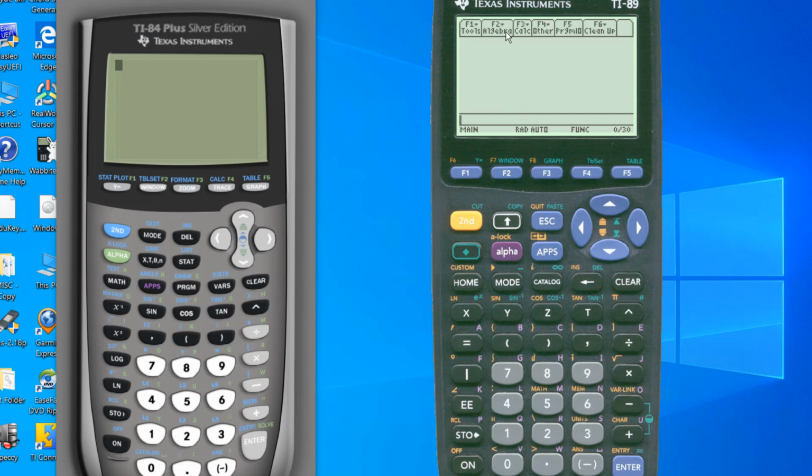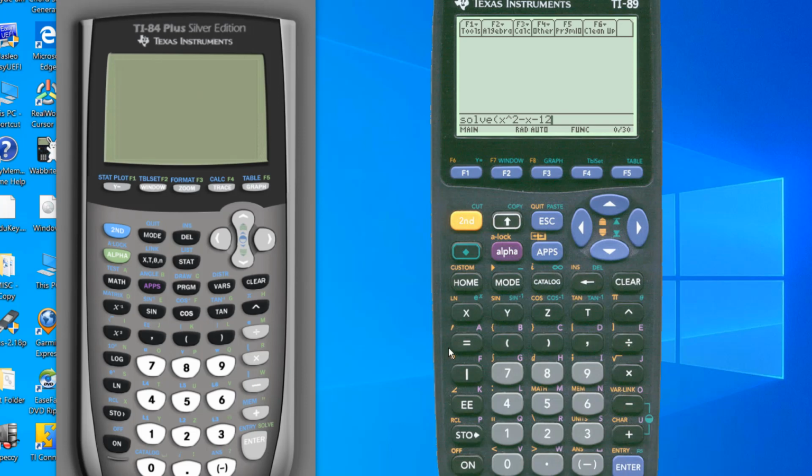Again, we'll stay with algebra here, F2. Let's say we want to solve an equation. We enter the equation. Again, this can be a polynomial equation, a log equation, or a trig equation.